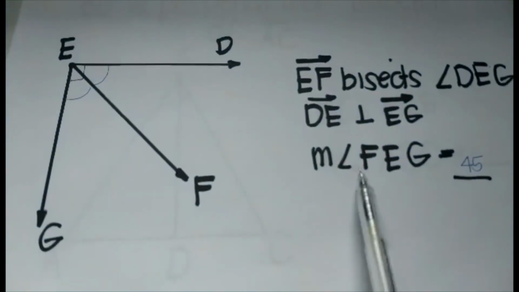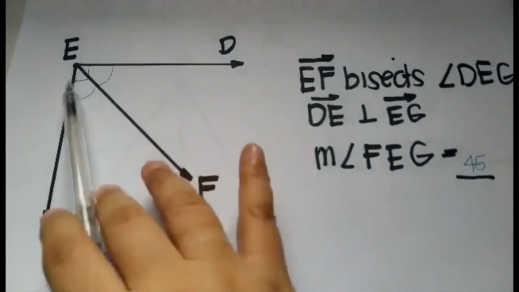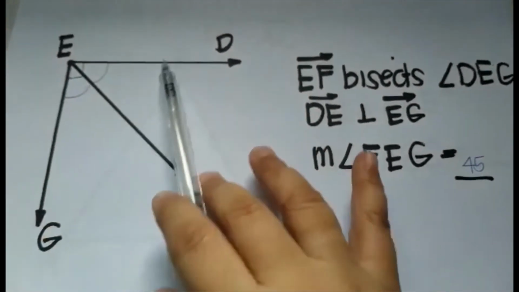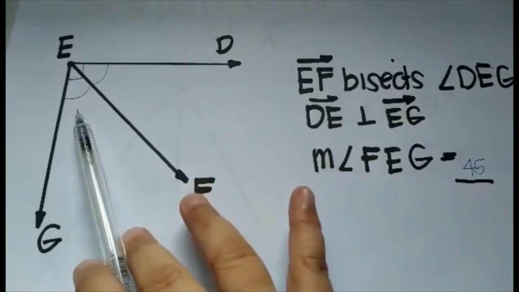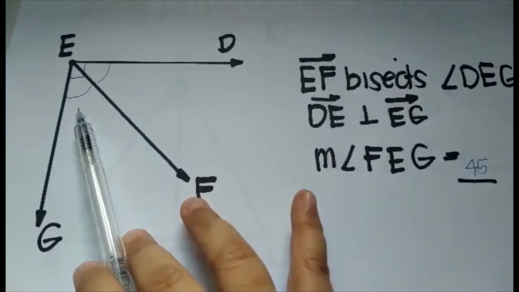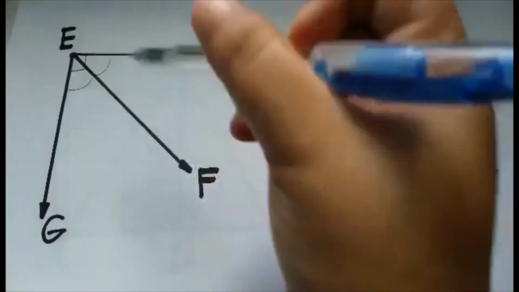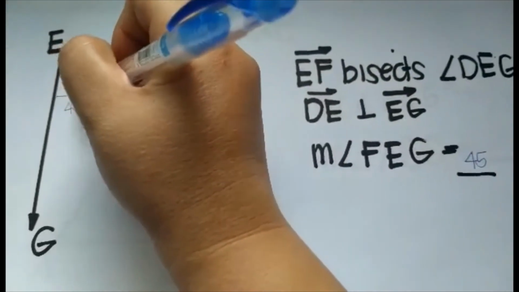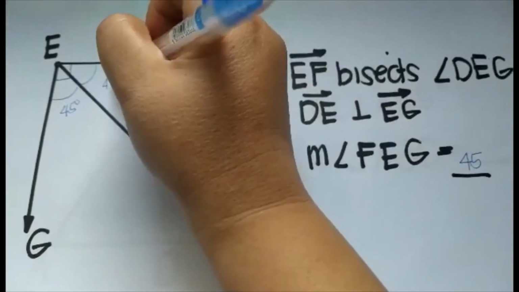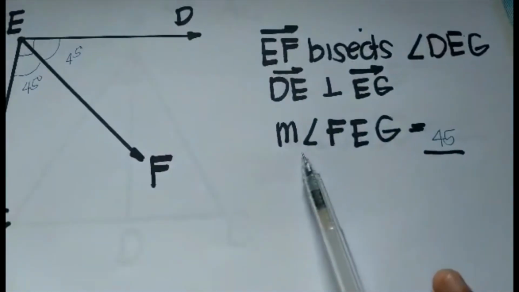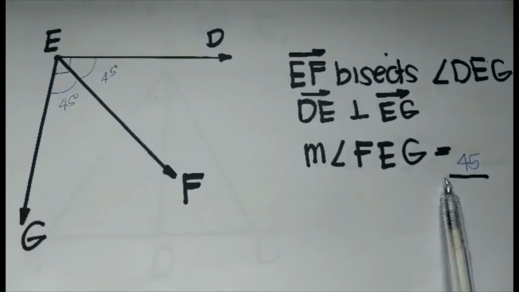So what is the measure of FEG? Since that's 90, and these two small angles are congruent, we divide 90 by 2. So each angle is 45 degrees. Therefore, measure of angle FEG is equal to 45 degrees.